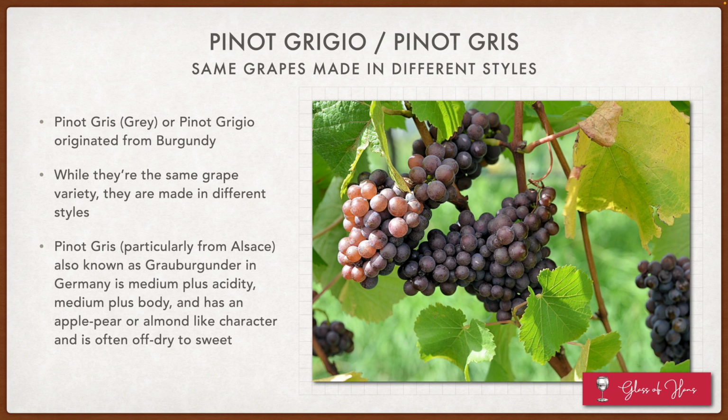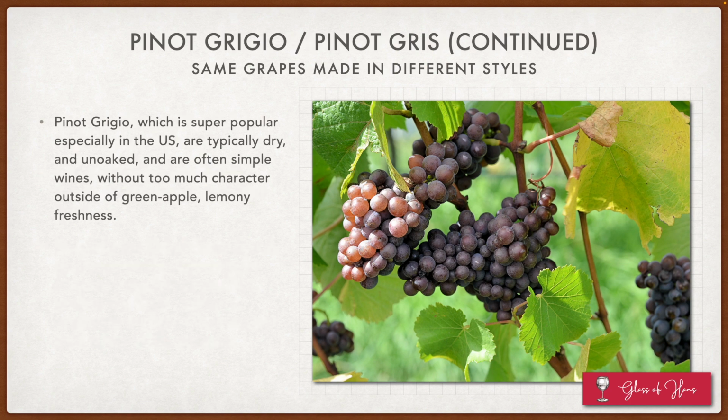Pinot Gris, which is primarily known as a style that is created in Alsace, also known as Grauburgunder in Germany, has medium plus acidity, medium plus body, and almond-like characters. It's a bit off dry to sweet. I think it's very hard to mistake Pinot Gris when you drink it. It's very apple and pear flavored and kind of oily, but not as oily as a Roussanne or Marsanne.